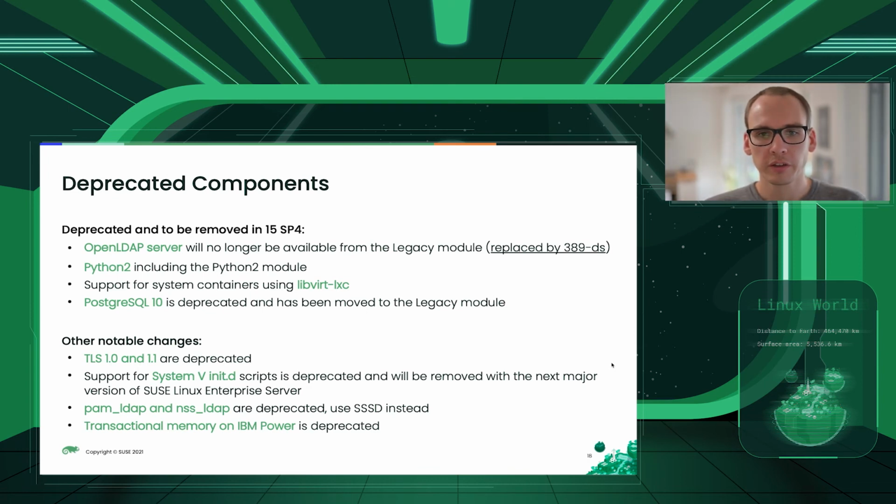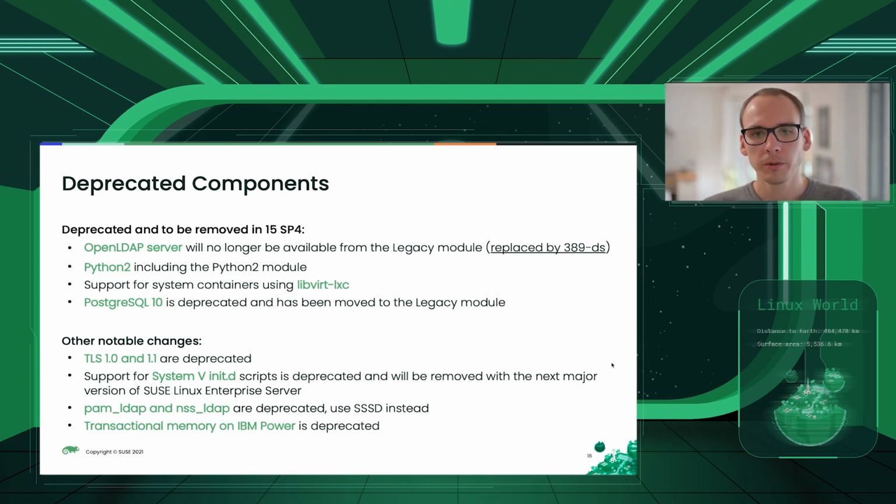We are also deprecating several components and removing some of them in 15 SP4. For example, OpenLDAP will no longer be available from the legacy module starting with 15 SP4, as it's being replaced with 389DS. In the slides, you can find a link for a video of our developer William Brown showing you the differences between OpenLDAP and 389DS and how to migrate from OpenLDAP to 389DS.